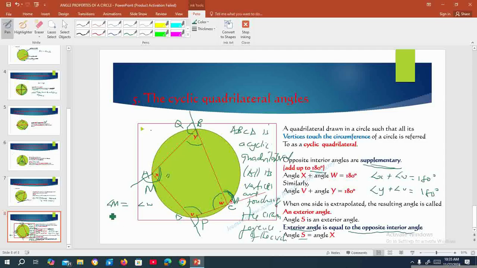Then angle P will be equivalent to angle Y. And angle Q, this one here, will be equivalent to this opposite interior angle, which will be angle V. All these are pairs of equal exterior and opposite interior angles. So that is the last property of angles. Let's now look at a few examples on how you can use these properties to calculate a few questions.